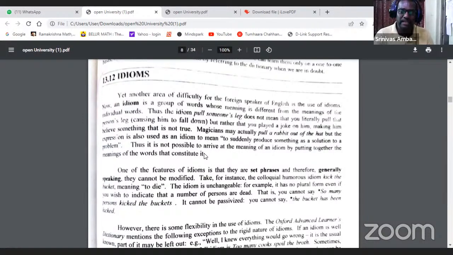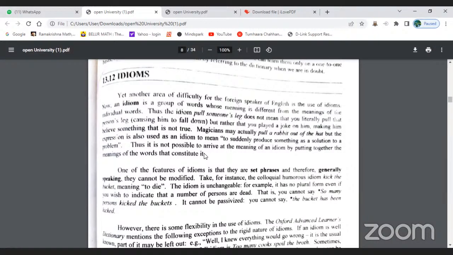Cake has a meaning. But if I say cake walk, it has a different meaning. Cake walk means easy. That's an idiom. You will not find it in a normal dictionary; idioms you find in a dictionary of idioms. Are you getting me? To understand this, you need to have a dictionary of idioms.